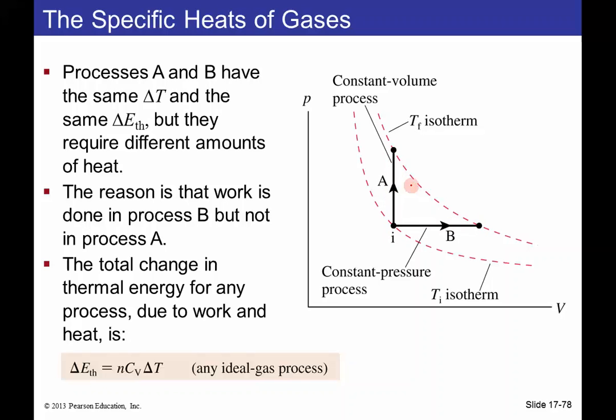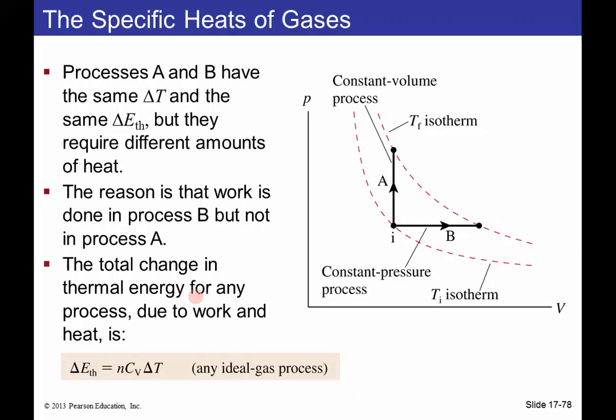Why is that? Because you're adding heat here, but some of that heat is being used to expand the system, and the system is doing work as you add heat.